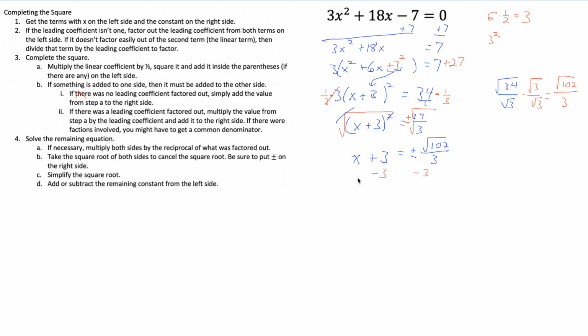And our answer is x equals, we put the negative 3 first, plus or minus the square root of 102 over 3. So a little more complicated than the first one, not too bad.